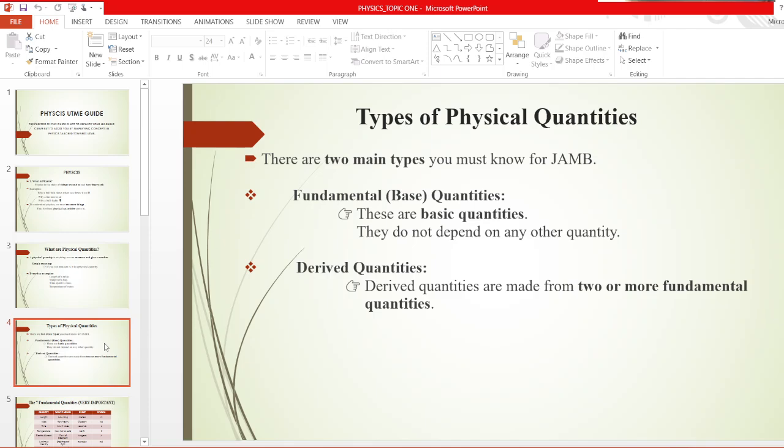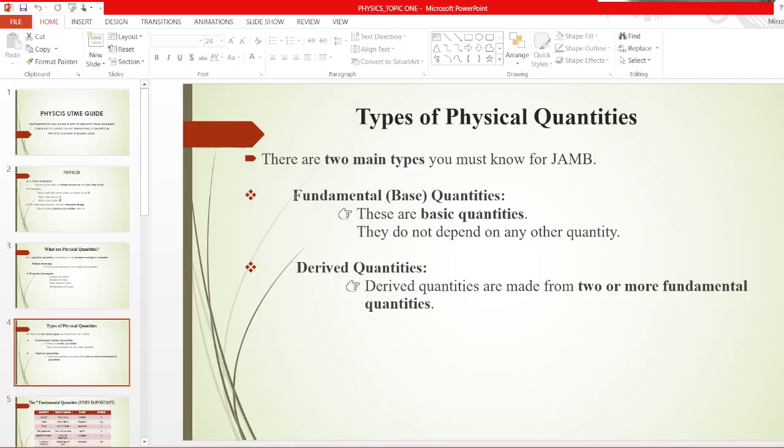What are the types of physical quantities? There are basically two types of physical quantities you must know in physics, and you must always memorize it towards exam in JAM. So physical quantities are anything that we can measure and can give us numbers. The two types of physical quantities are what we call the fundamental quantity or base quantity.